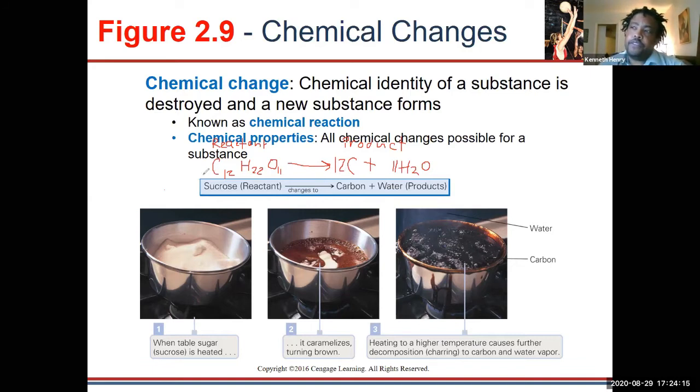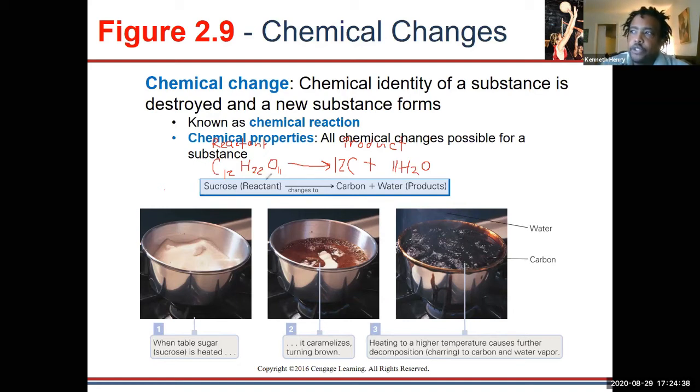Okay, so this means that we have one sucrose molecule, right? Now, we always set up a chemical reaction the simplest way possible, right? We don't take into account every molecule of sugar at this point. We just talk about one single molecule or a couple of molecules for a reaction. Simplest form, okay?